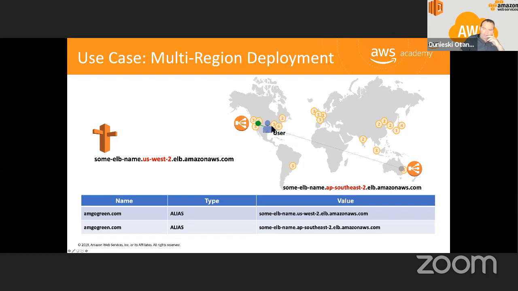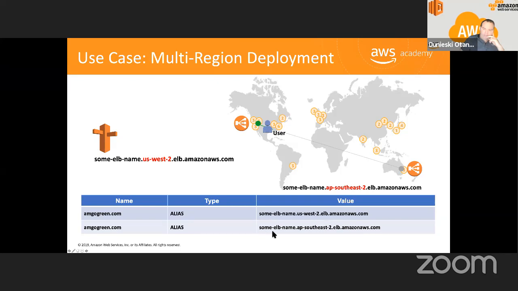Okay. So we have a user here, right? And we have here the name, AM Go Green. We have the alias. Here we have the domain, the DNS of the first elastic load balancer, the one here in US West 2, and then we have the same name and alias, and here we have the alias, the value.